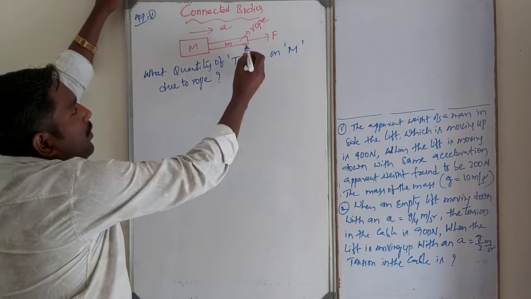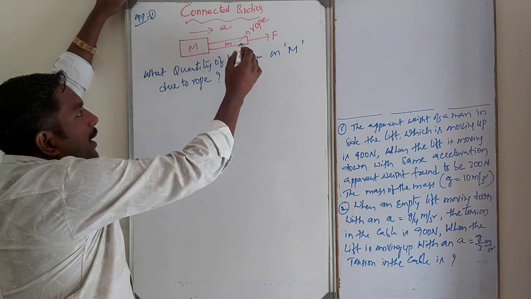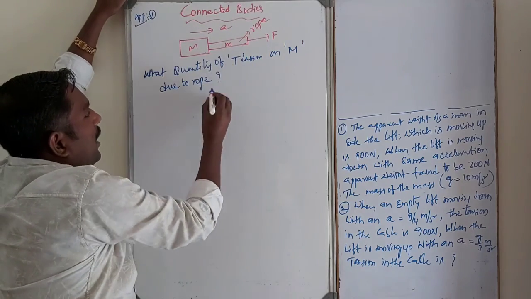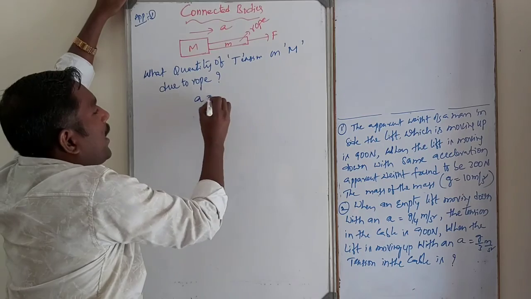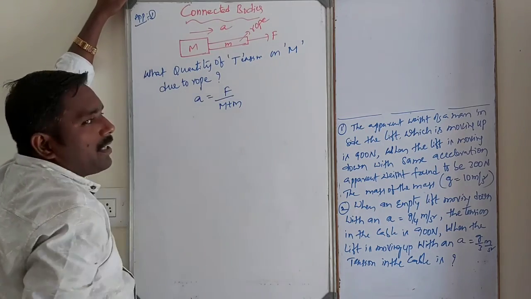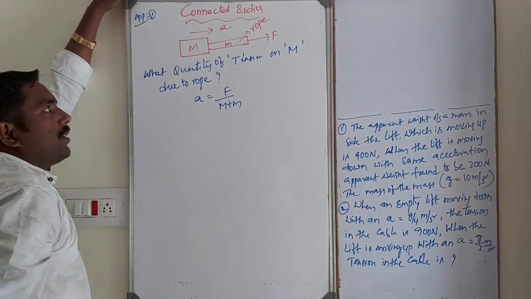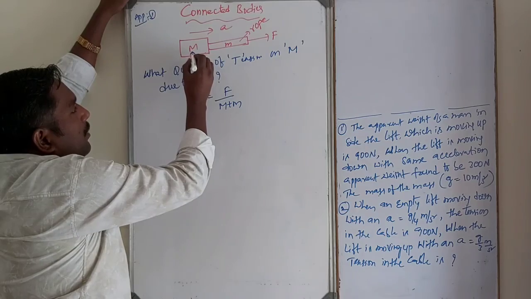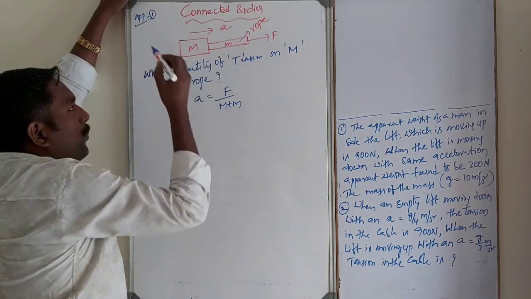See, by using the force applied on the rope, the total system will be accelerated like this. Then the acceleration of the system is given by total force by total mass. Already we know this is the acceleration of the entire system. Now, what quantity of force is acting on M due to the rope?